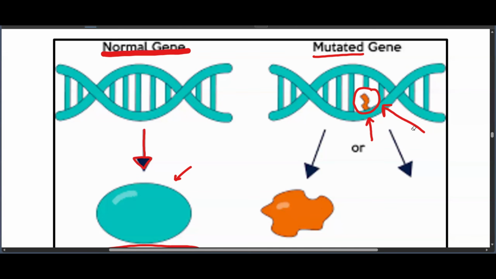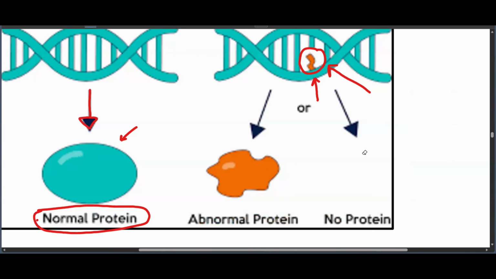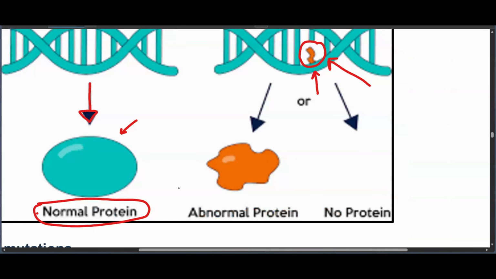So now you'll find out that your mutated gene actually produces a protein that is abnormal, or a protein that is not the one that is desired, because each and every protein that is made has a specific and unique function. So if you change the structure of the gene that is making the protein, then you're going to make a protein that is not desired.